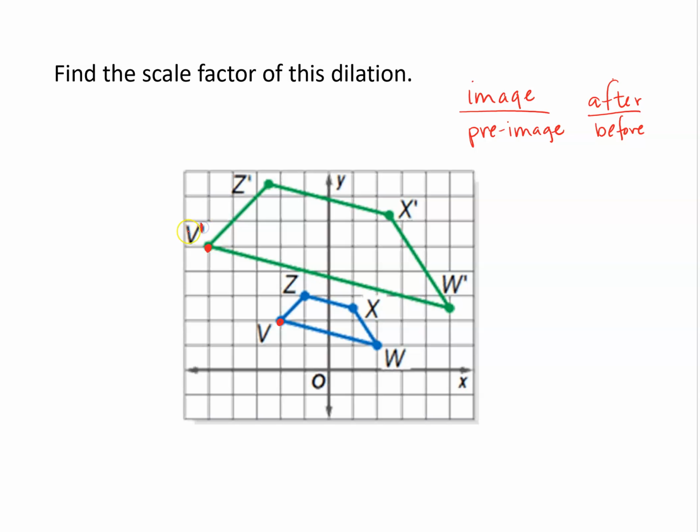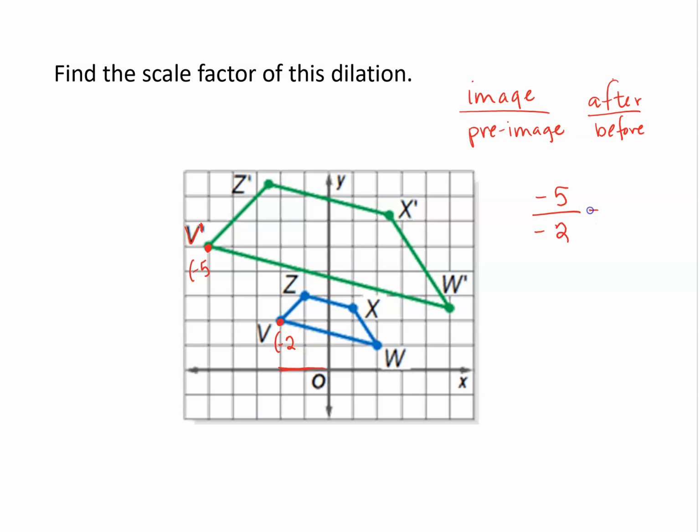So we're looking here. This is V prime. That x coordinate is 1, 2, 3, 4, 5. It's -5. And that is the after, so that's -5. The before is -2. So its x coordinate is -2, and that's the before.